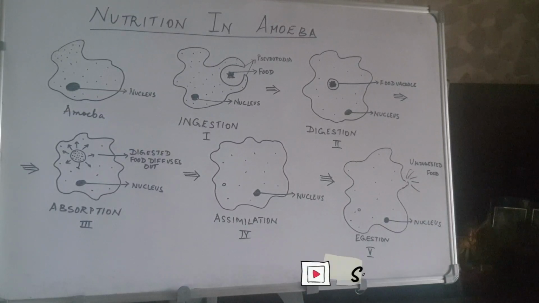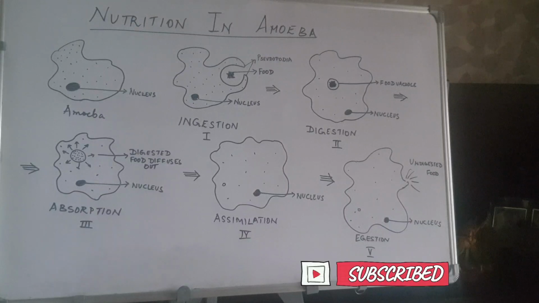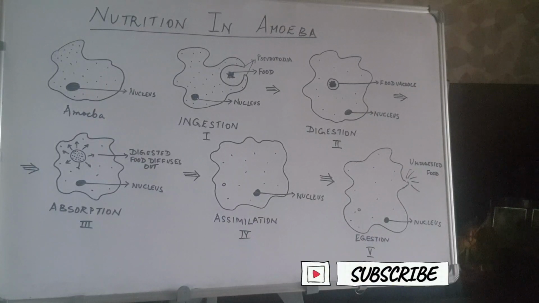So what happens over there? The food that is absorbed in the amoeba is used to obtain energy, through the process of respiration.